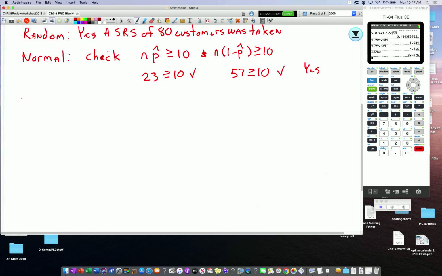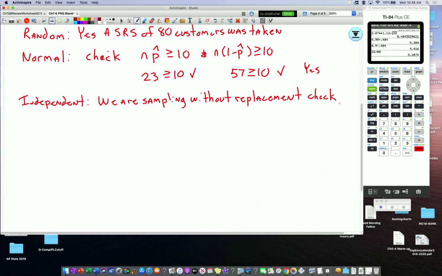All right, and then independent. Again, we are sampling without replacement. So I'm going to check: is my population greater than 10 times 80? So is my population greater than 800?